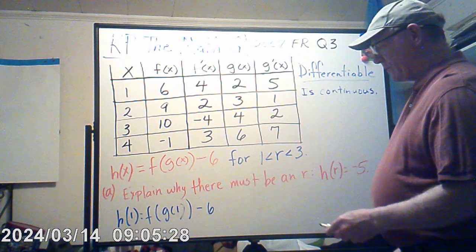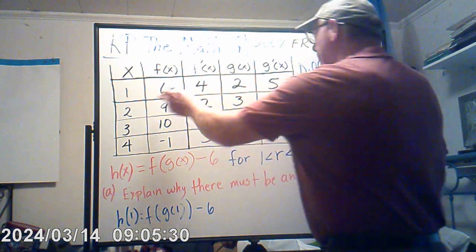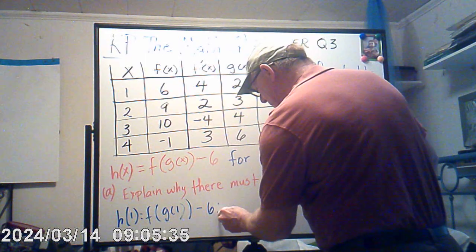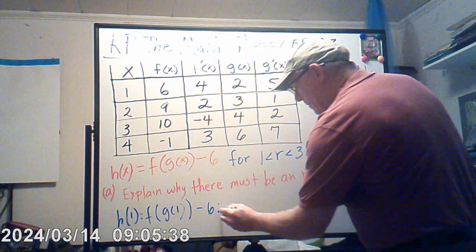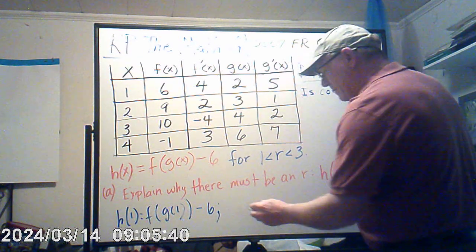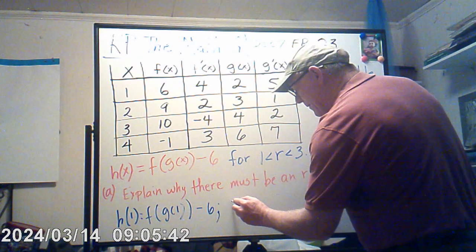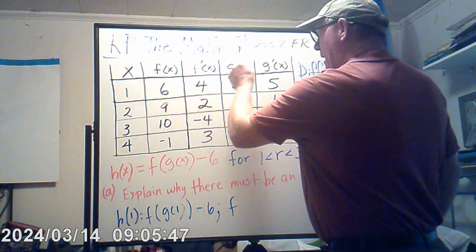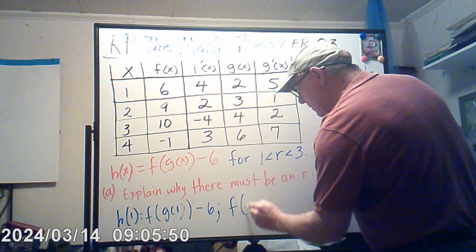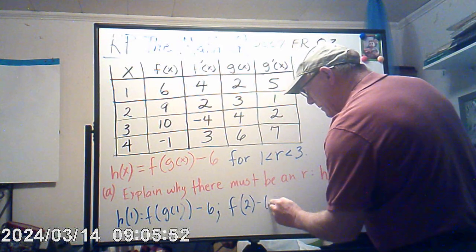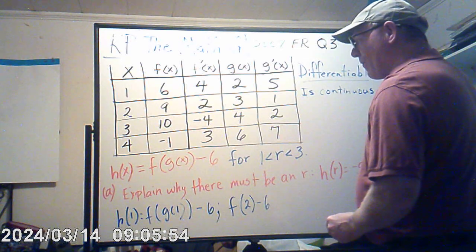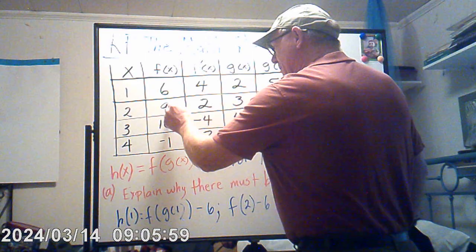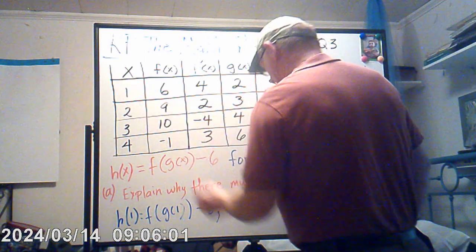Now, g at 1 is 2. So f at 2 minus 6. Alright, f at 2 is 9.